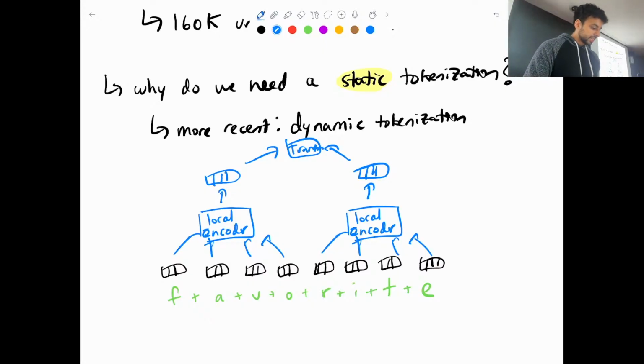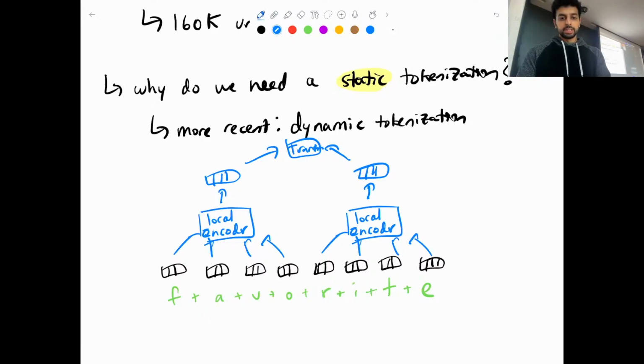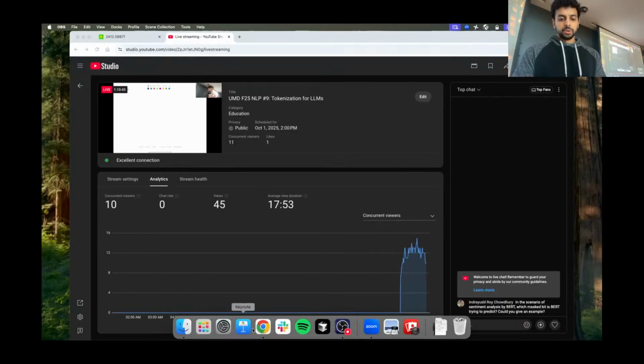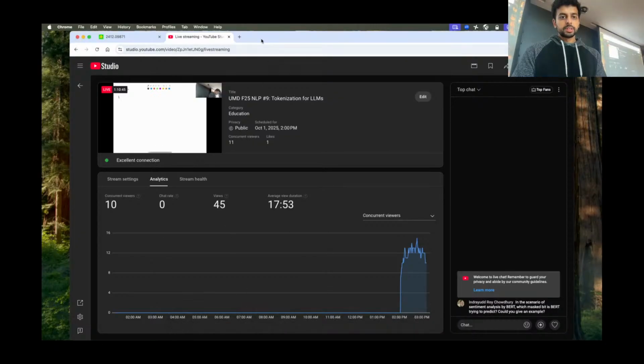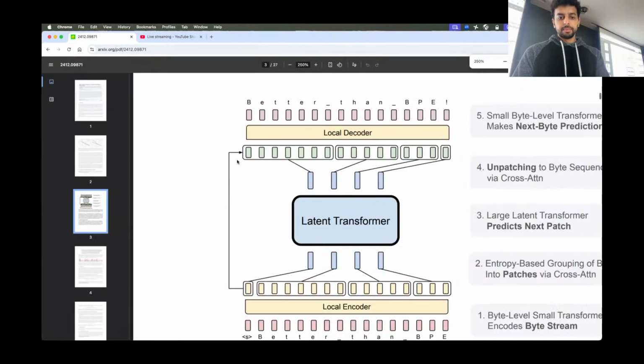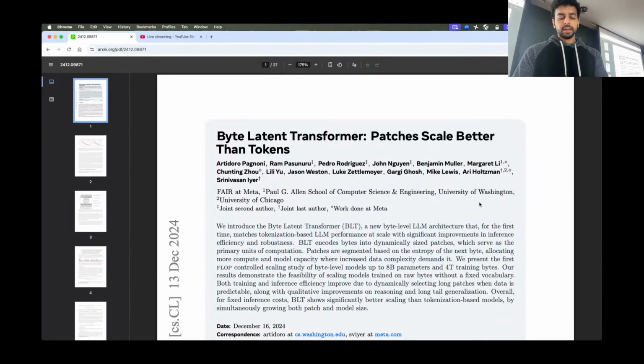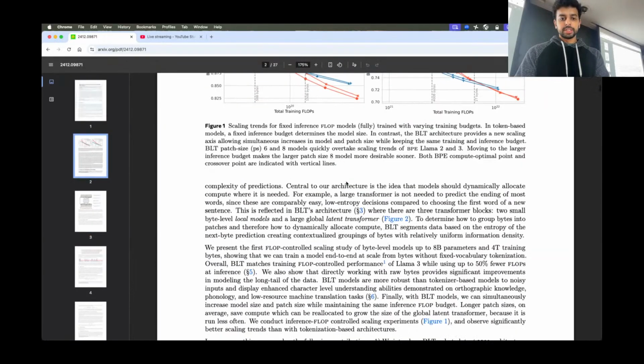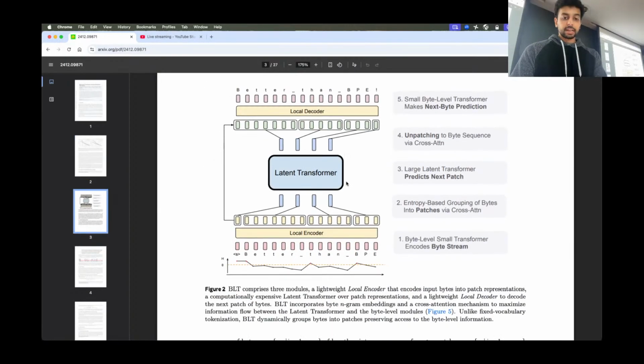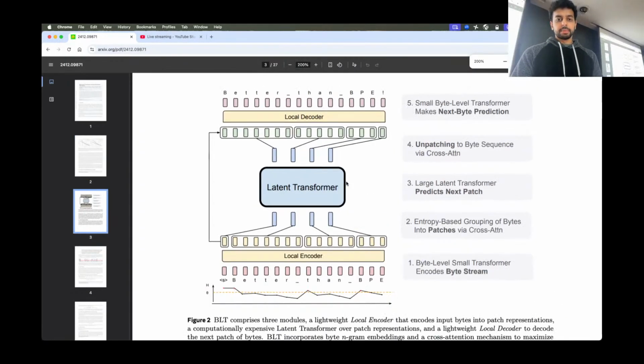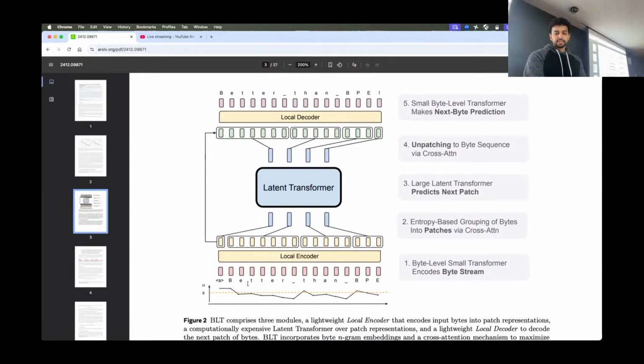Just as a visualization, I'm going to switch over to my screen and show you. This figure is from a paper called the Byte Latent Transformer, which is an improvement over the Megabyte approach I just talked about. Here you can see they have an embedding for each of the bytes in this sequence.